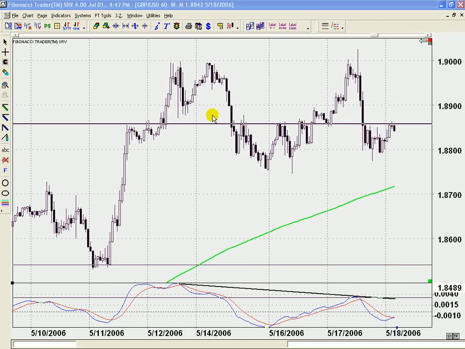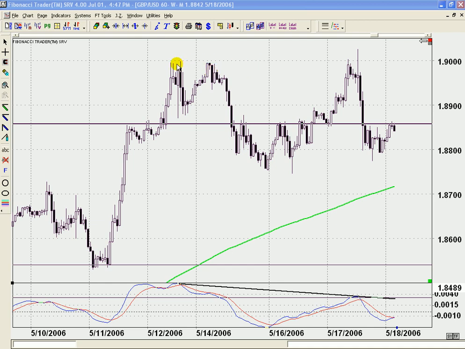We have covered this one several times throughout this course. Again, this level here at 190 represented the 79% retracement of a large downswing on the daily chart, which is an additional reason that there is a stronger level of resistance at 190.